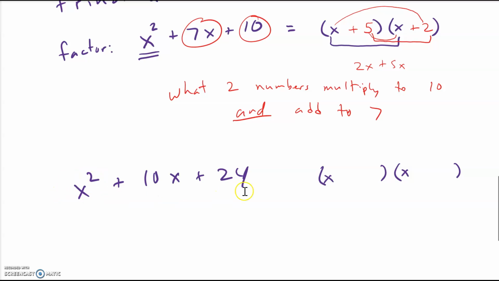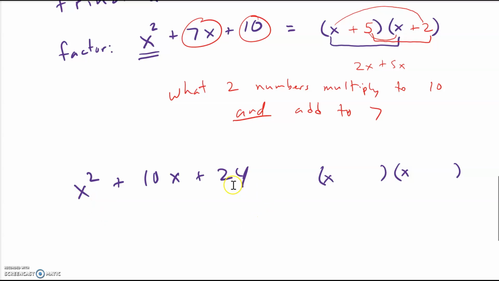By the way, in the textbook, the author's really nice to us. All these polynomials, at least in this chapter, they start with an x squared. There's not a 5x squared or something. So that helps a lot. You'll get those in the next chapter. But for now, it's always x times x gives you x squared.